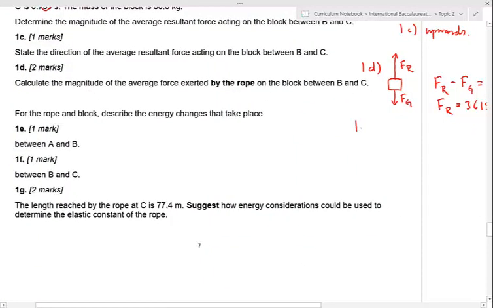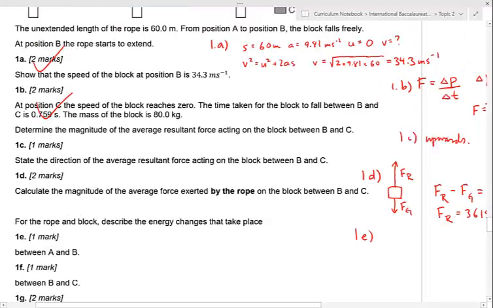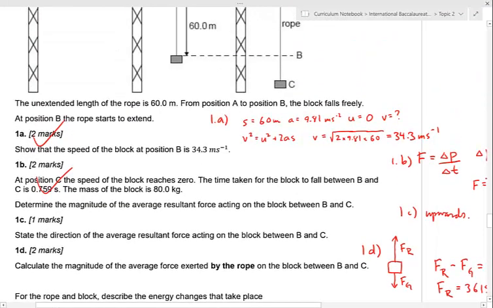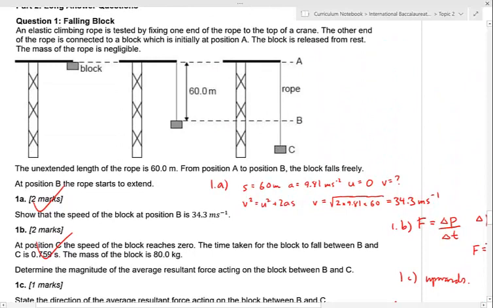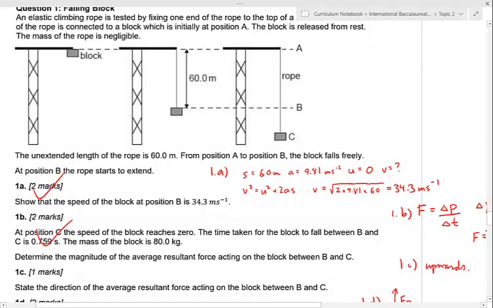And 1E, for the rope and block, describe the energy changes that take place between A and B. And there's only one mark, so we can just say what change happens. So between A and B, it's just gravitational potential energy to kinetic energy if we can ignore friction.